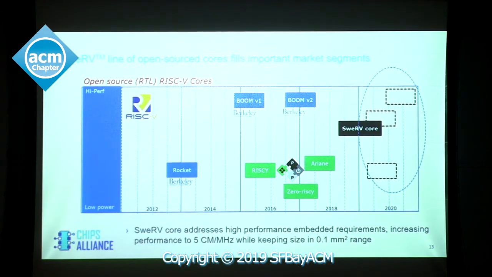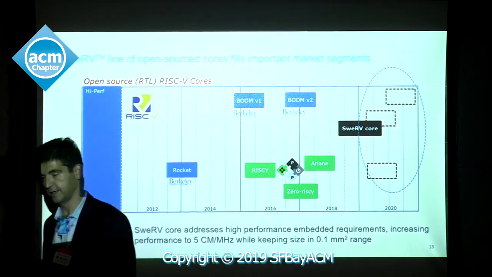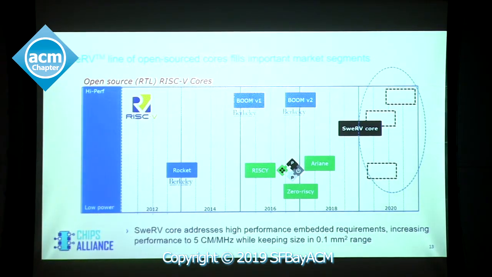This is an upgrade to the current SweRV core, so even more performance. And then there's going to be a really, really small core. And then in 2021, 22, there's something really, really high performance. So more things are coming. SweRV is a line of cores, and this is just the beginning.